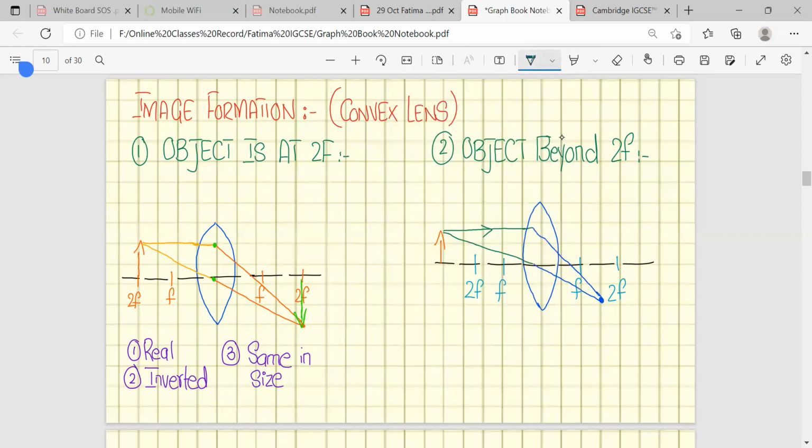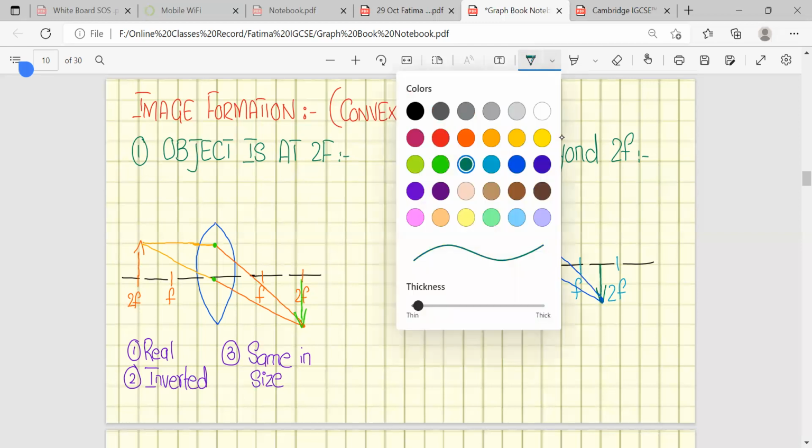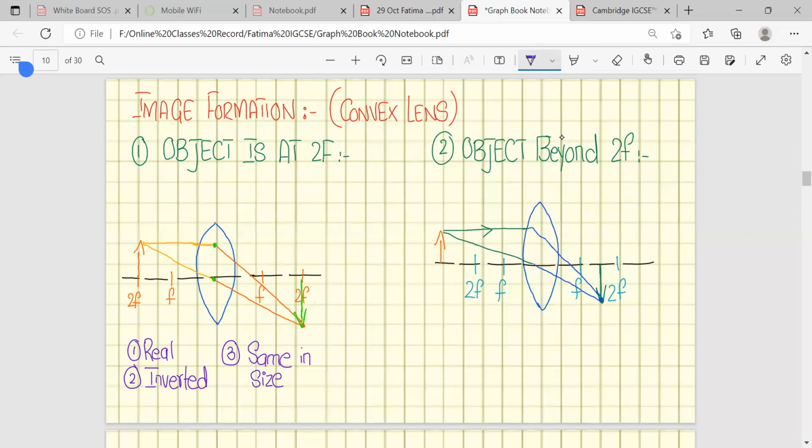So the image of the object will be formed at this point. And one more point you can write here, that the image will be formed at 2f. Now if you want to write the nature of the image for this situation, the image will be real and inverted.